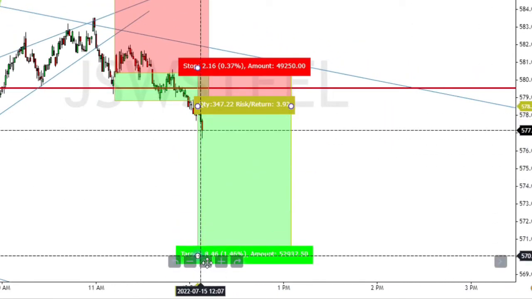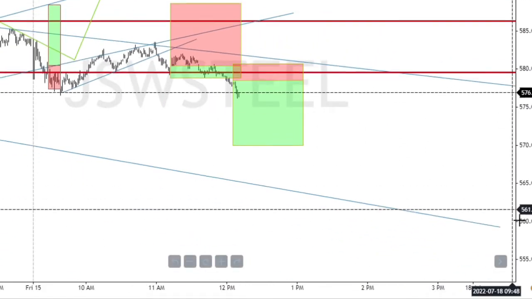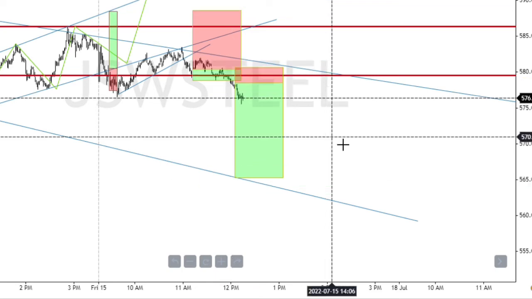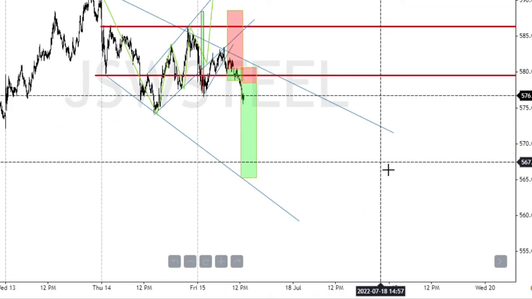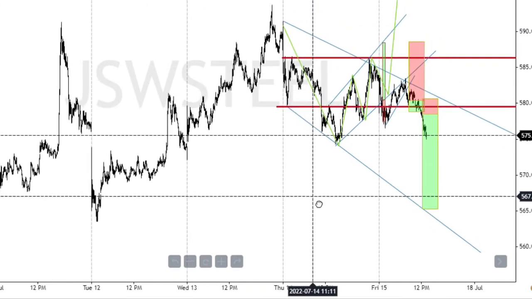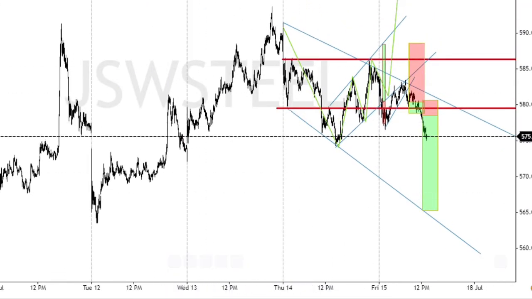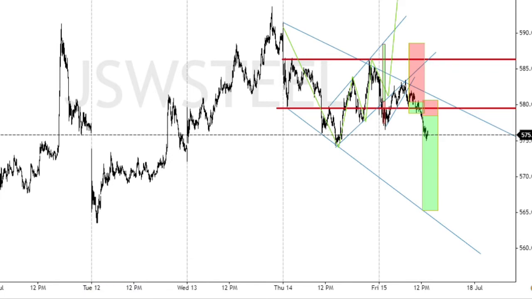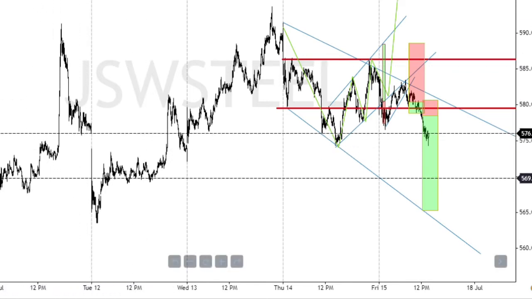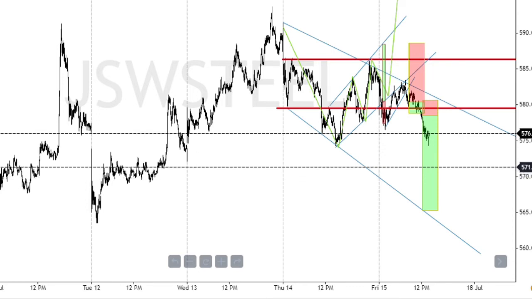So let me guess where the target will be. Seems to be here. That will be a risk reward of 1:6. Let's see the previous areas. That seems to be a good area for setting the target.